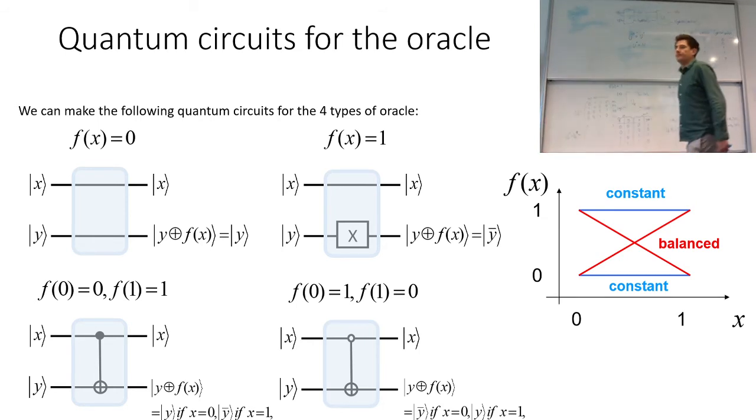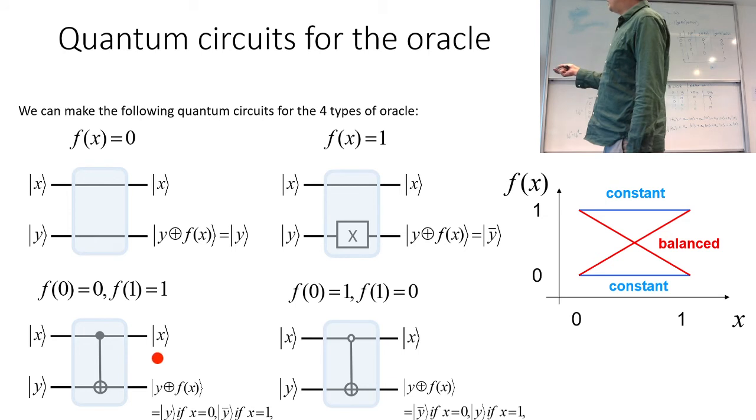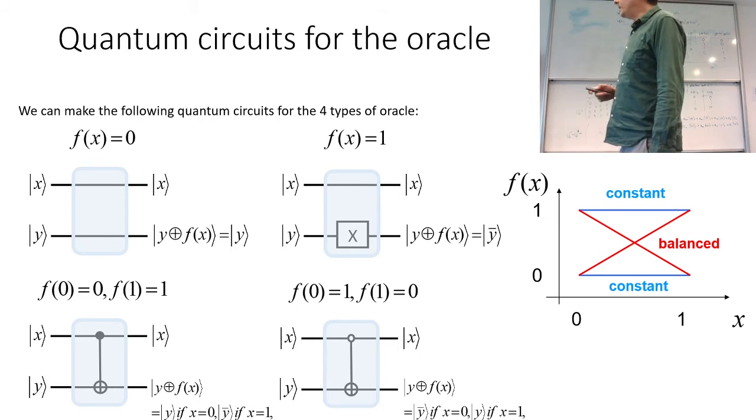So the Y here is just another qubit, right? Yes, Y is just another qubit, so it's a 2 qubit gate. Is Y equal to F of X?